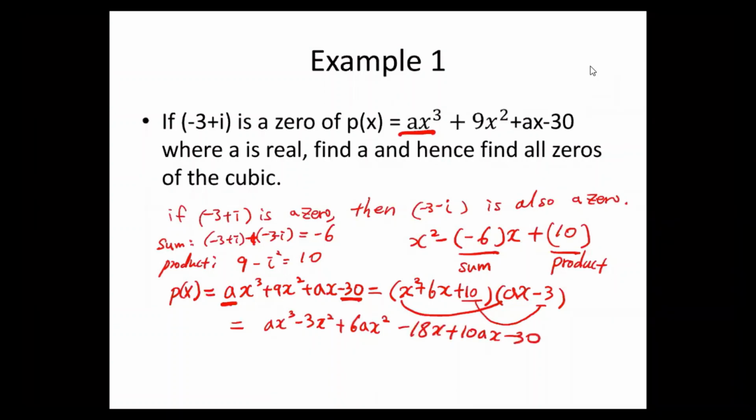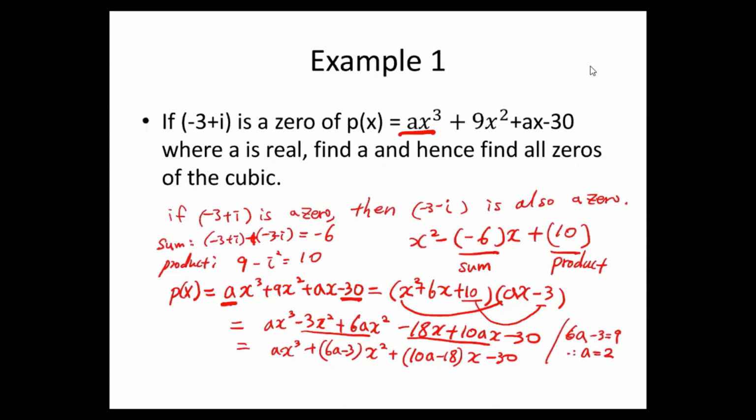I just expanded. And then I'm going to combine the like terms, x terms and x squared terms, which gives you ax cubed plus (6a minus 3)x squared plus (10a minus 18)x minus 30. Conclusion: 6a minus 3 has to be 9. So I have a is 2. I just figured out what a is.